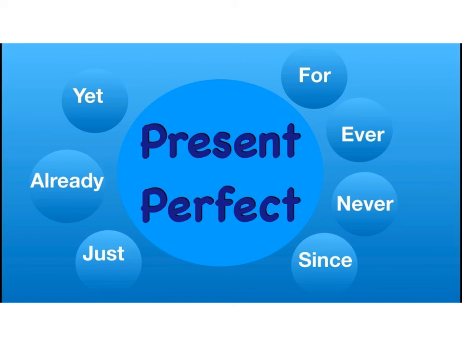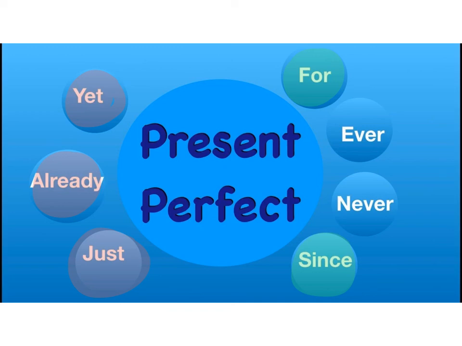The time markers for recent events are yet, already, and just. Very recent things. It is also used when we talk about periods of time with for and since, and the question how long?